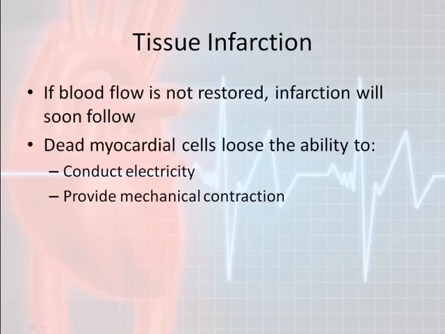So what happens is you lose the ability to conduct electricity and you lose the ability to provide mechanical contraction. And that opens, especially that second one there, a door into so many different problems. It is better to prevent somebody from having a heart attack than to try to treat them afterwards, because if they have true infarction and tissue dies, it causes major, major problems from there.